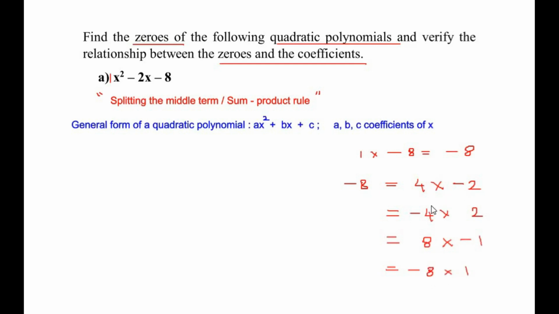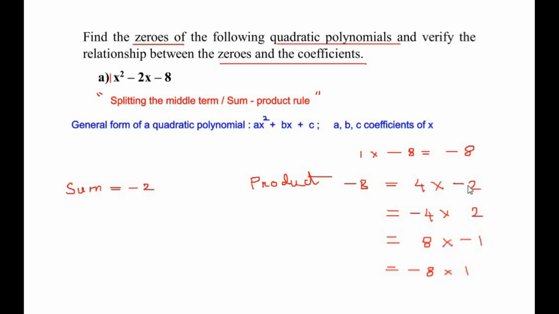Whenever we multiply the factors of negative 8, that is 4 times negative 2 and so on, we should get negative 8. Now this is the product. But we have to also get the sum of these two factors, whichever option we have. The sum should be equivalent to the middle term, that is in this case negative 2.